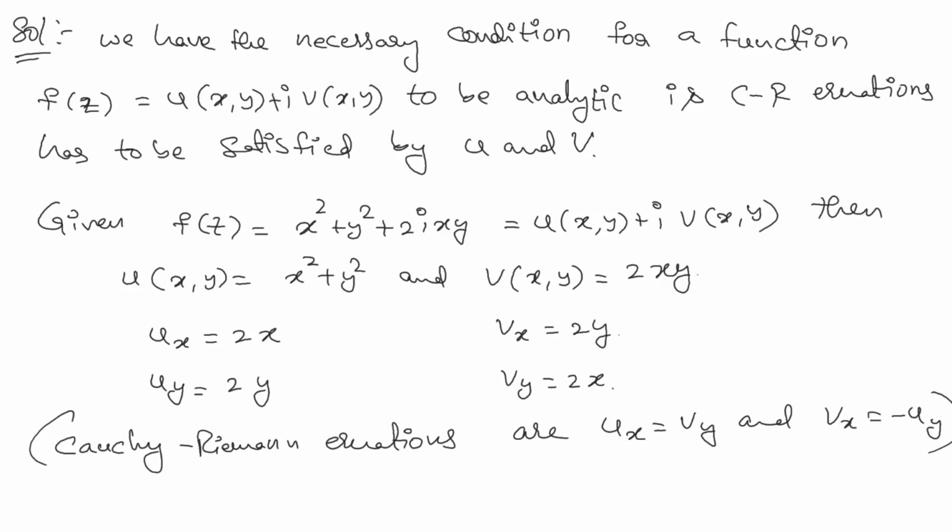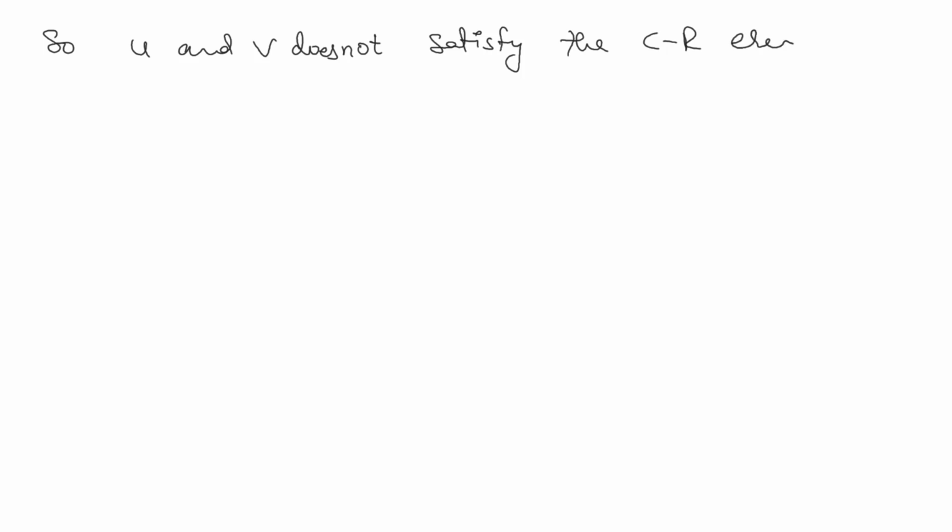So for the given function f of z, we have ux equal to vy, but uy is not equal to minus vx. So u and v do not satisfy the Cauchy-Riemann equations, or CR equations.